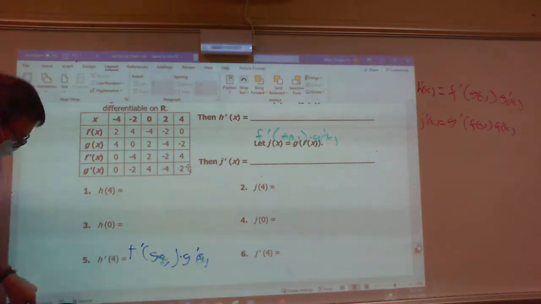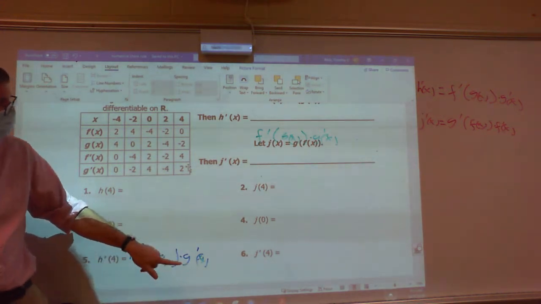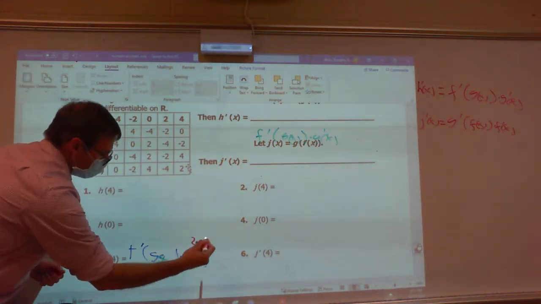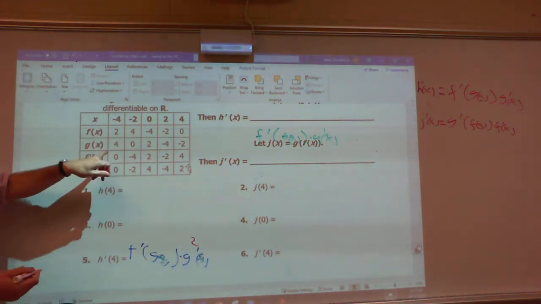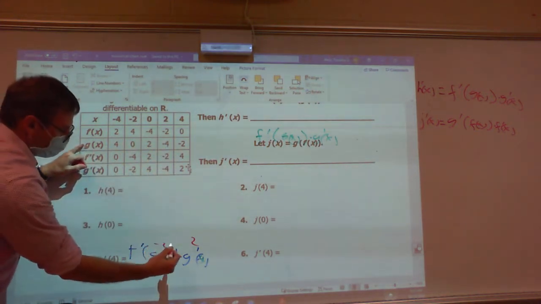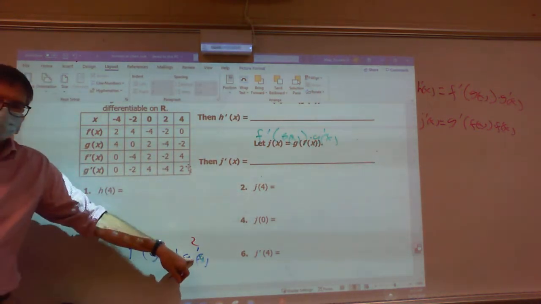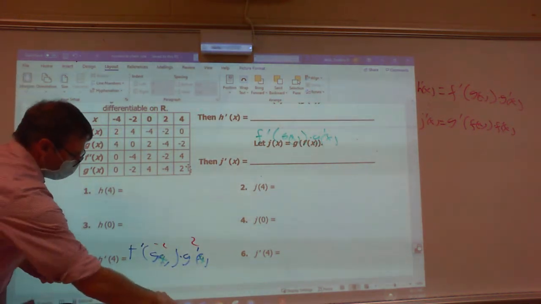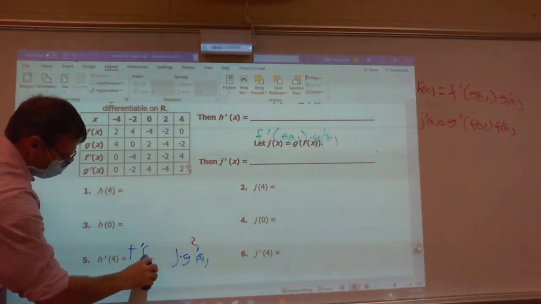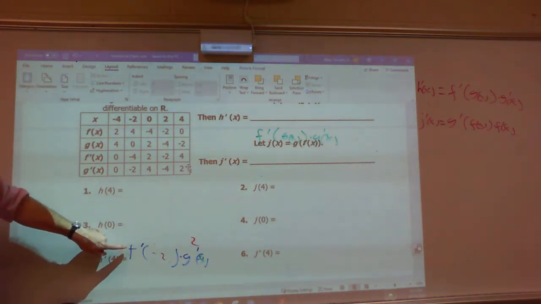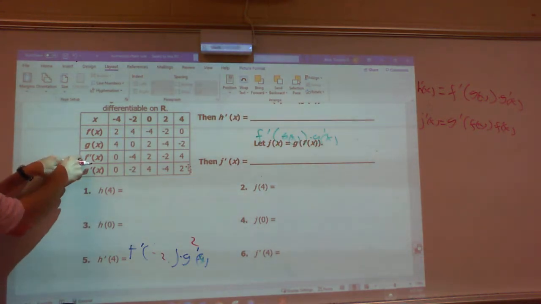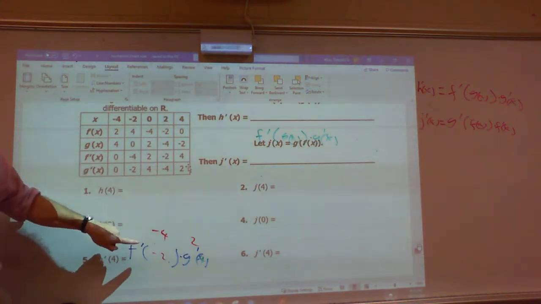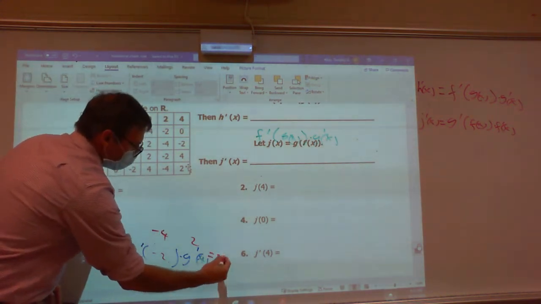When I go through this, I see g prime of 4 is a 2, and g of 4 is a -2. Just plugging different values in. Now I just erase this and put a -2 here. But now I need to compute f prime of negative 2. So here's f prime of negative 2, which gives me negative 4, times 2, and so this whole thing gives me negative 8.